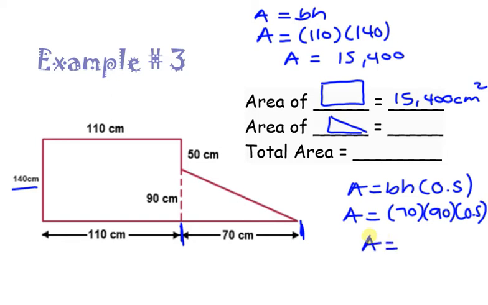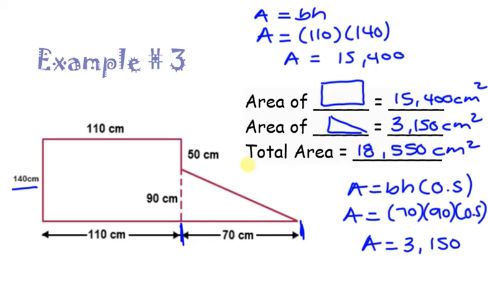And when you multiply all of that, it's going to give you area equals 3,150 centimeters squared. And when you add that to the area of the rectangle, you should get 18,550 centimeters squared.